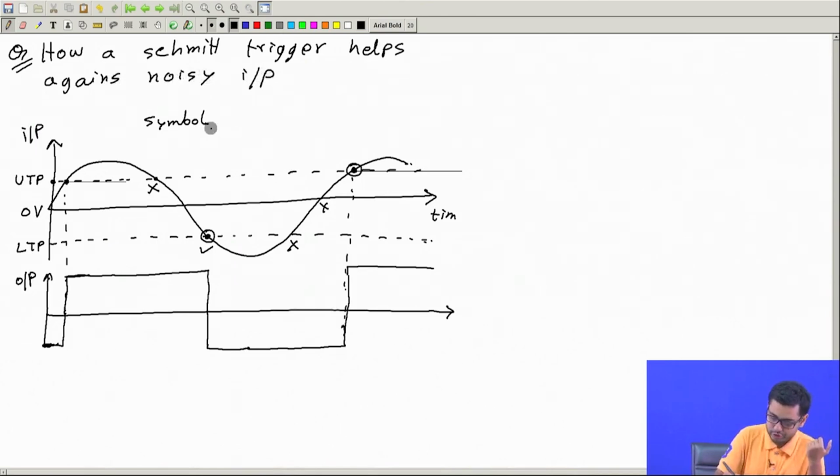If the input signal is noisy like this, so this is an ideal sine wave, but say the input signal is actually like this, it's noisy. Okay, and let me make it a bit more noisy.